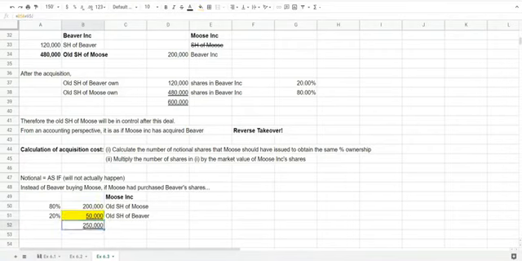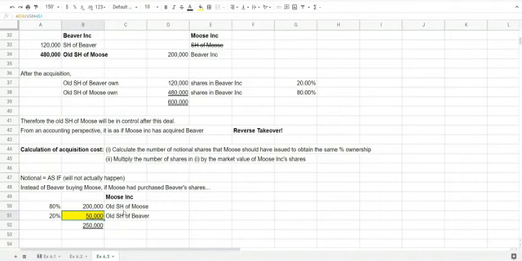Out of the 250,000, if the old shareholders of Moose continued with 200,000 shares, their percentage ownership will become 80%, and 50,000 shares for the old shareholders of Beaver will be equal to 20%. So 50,000 is the notional number of shares. That's part one.